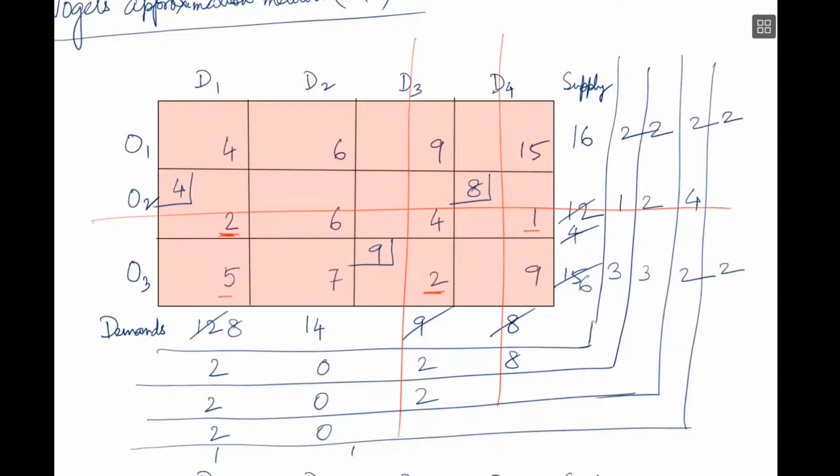In O1 the minimum cost is 4, corresponding to the cell 1, 1. We make allocation here, and the maximum possible allocation is 8. So the demand at D1 is fulfilled now, and supply remains 8. So we discard D1 now.